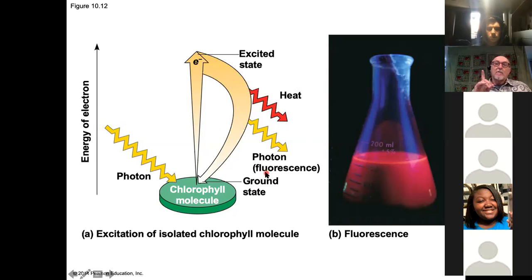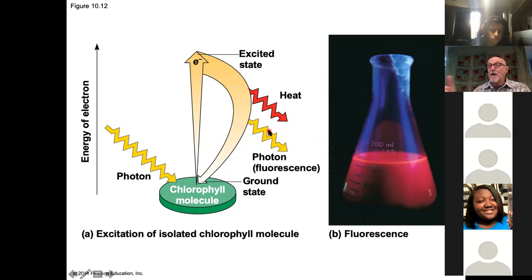So now, what you need to think of, wouldn't it be useful if we could harness this energy? If we can devise a system where we shine light on chlorophyll, excite its electrons, let them fall back to the ground state, but control that fall and harness the energy that is released.